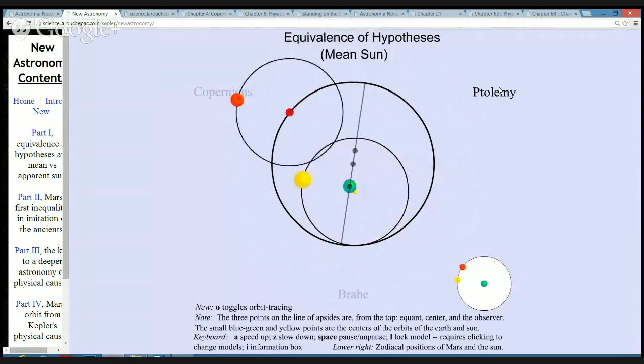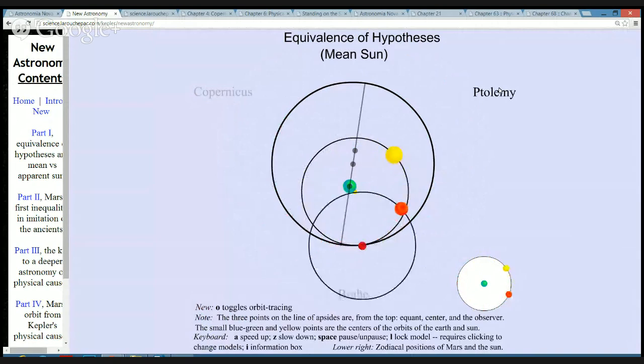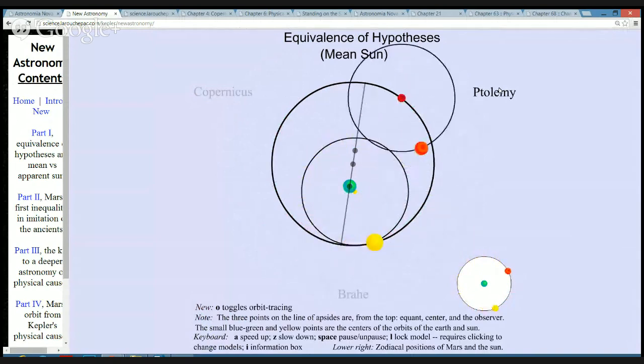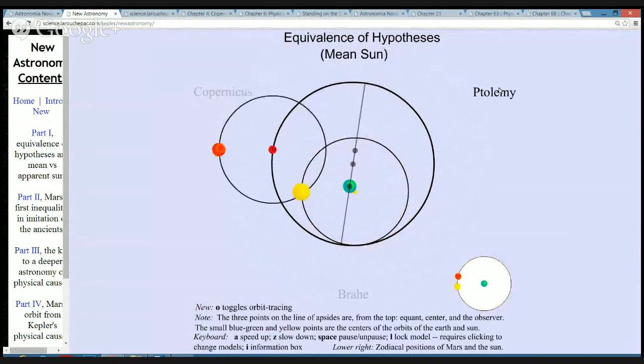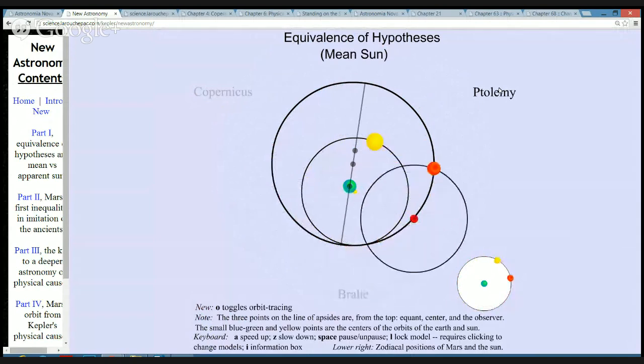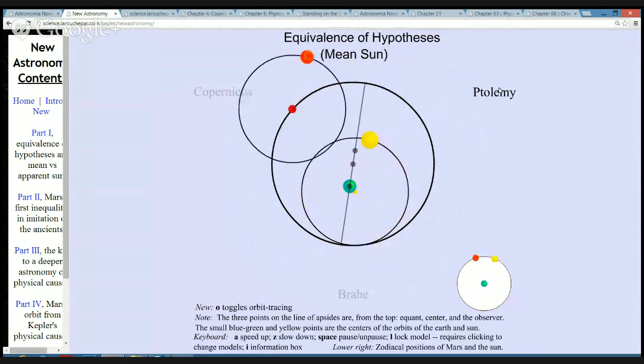Now, you see that extra second circle on Mars. That's so that, watch it right now, it's about to go backwards. There we go. That second circle that Mars moves on is called an epicycle. Epi meaning upon or on top of. So in addition to the small red dot moving around what's called a deferent, you also have an epicycle.